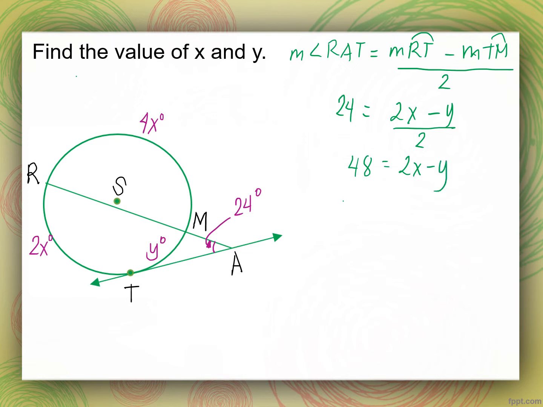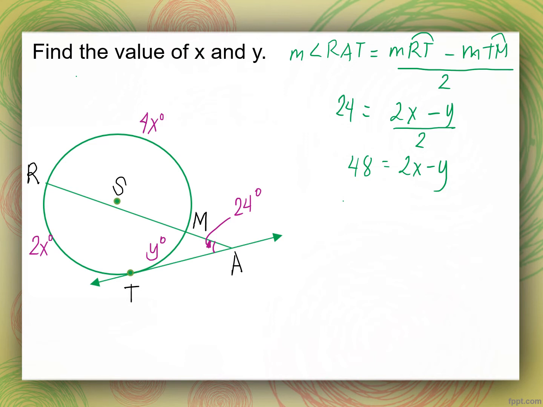So let's find a way where we can solve this equation, maybe cancel out one letter, so we can solve first with either x or y. So take a look back at the given figure. Let's find a way where we can write another equation, okay, to solve with the first equation that we have here. The 48 is equal to 2x minus y.